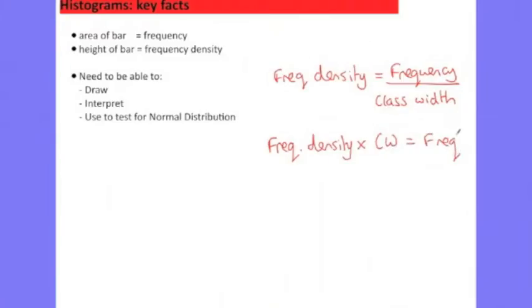That might be helpful when we're working backwards from the histogram to finding the missing frequencies in the table. So you must know this. This is really important to be able to draw your histogram. So write this down on your paper now if you do not know it.